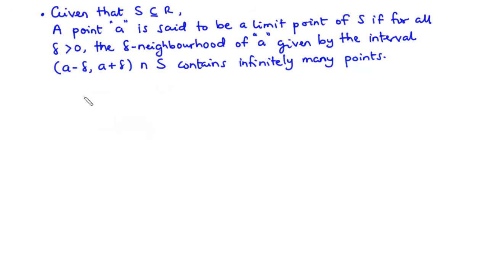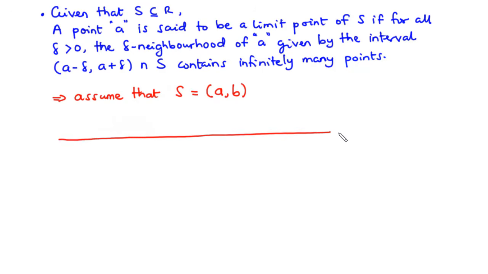So at this point, we are going to assume that the set S is given by the open interval AB. Now let's represent this on the number line. So we have this to be the number line.